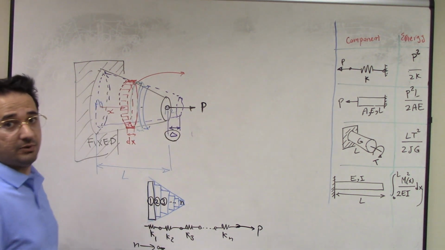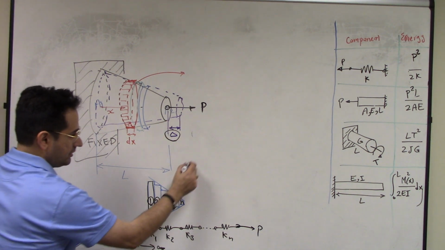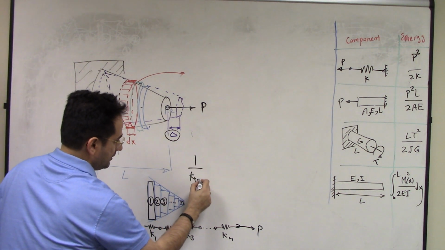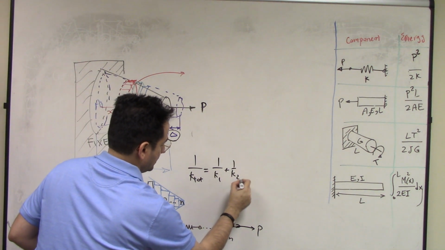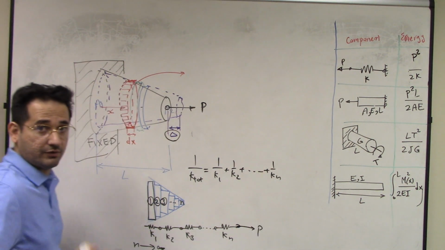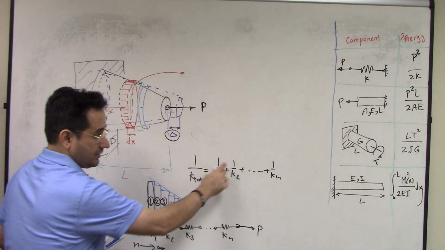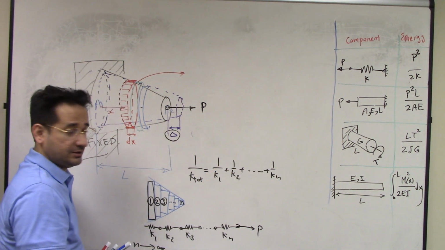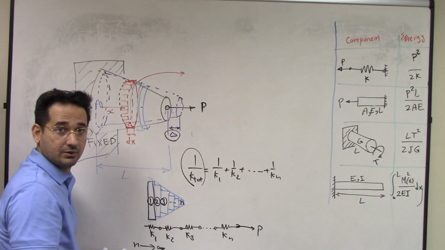So we studied before from the method of equivalent spring that 1 over K total is 1 over K1 plus 1 over K2 plus dot dot dot plus 1 over Kn. So if you find the spring constant of each one of these and sum them up, then you get the total spring constant of this tapered beam.